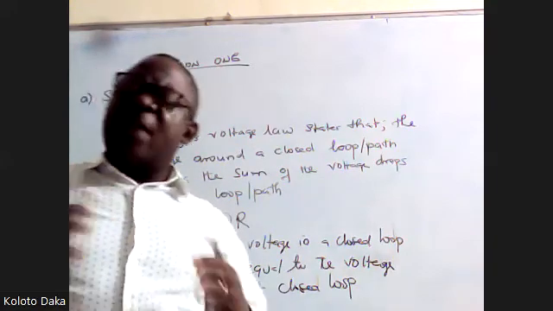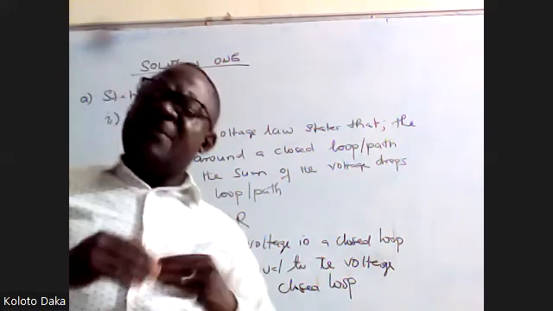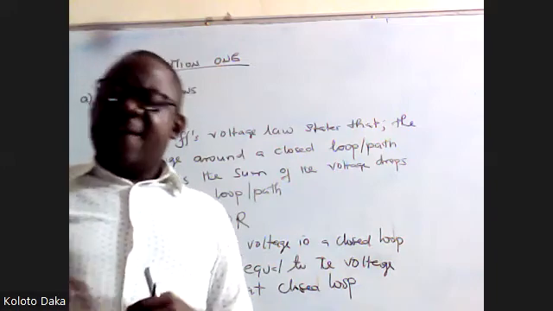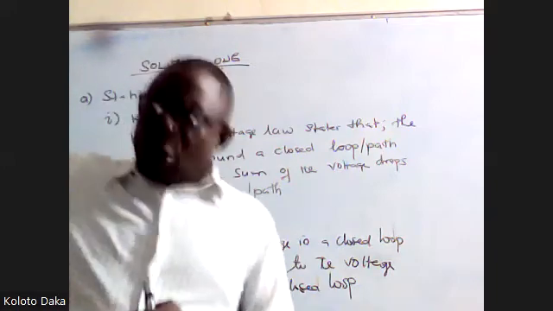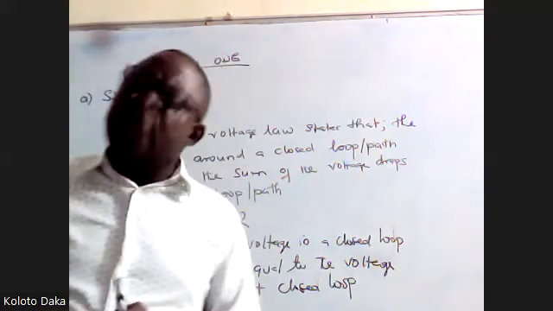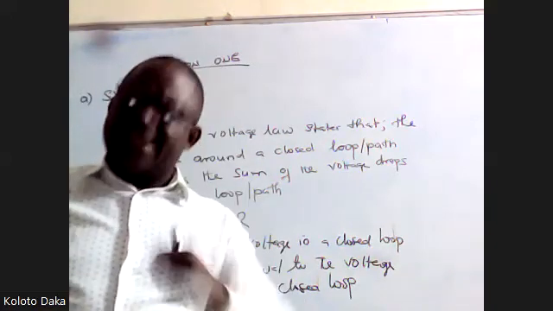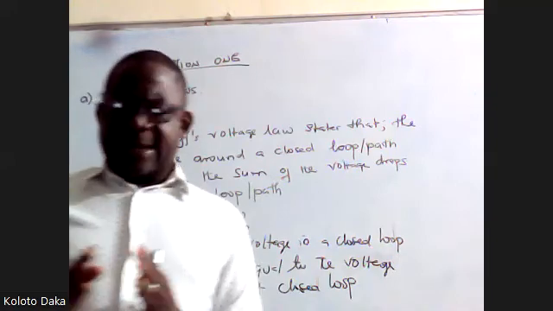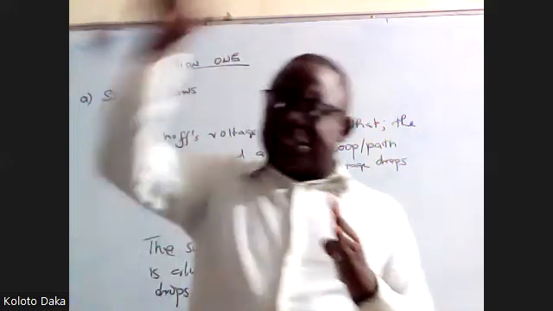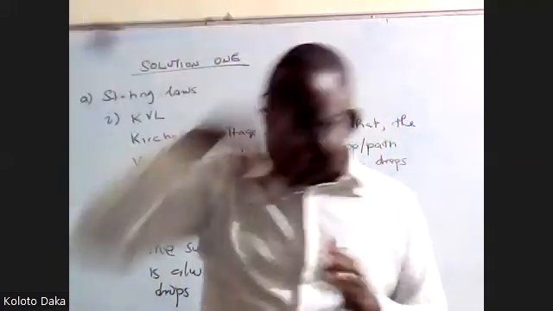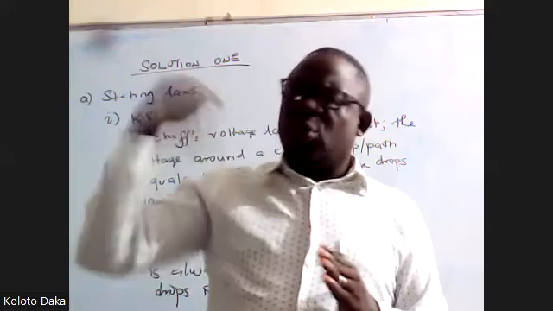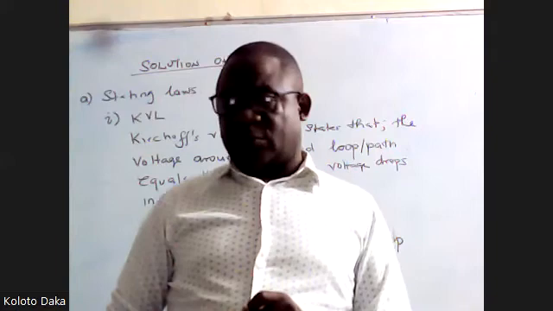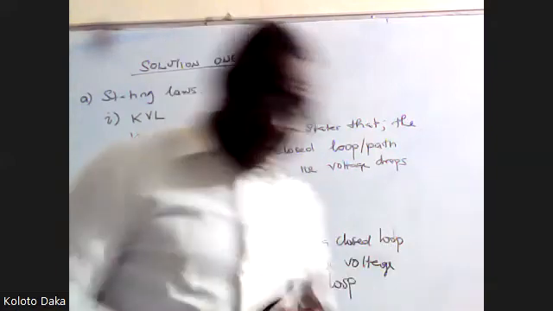If there were 20 people, by the time it reaches concession, there are 0 people, it means that the number of people that has dropped at each station is equal to the number of people who are in the bus at the start. So in a circuit, the amount of voltage drops at each active element within the circuit should always be equal to the supply voltage in that particular circuit. Very, very important.